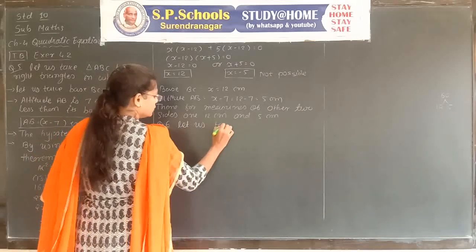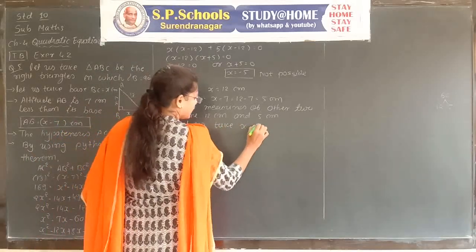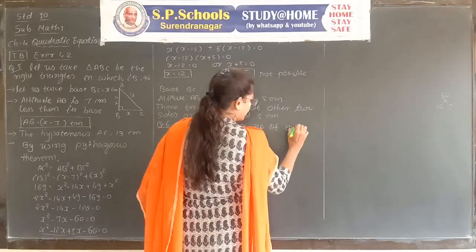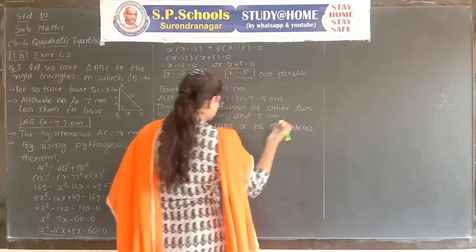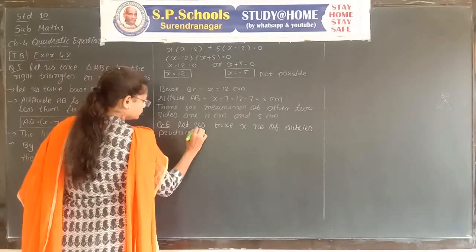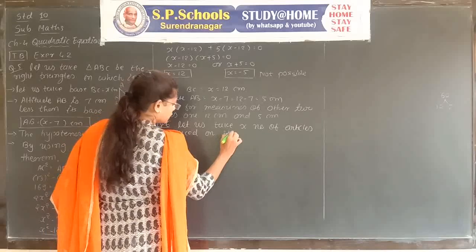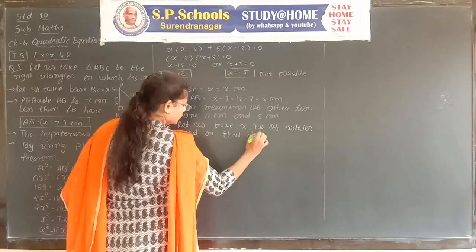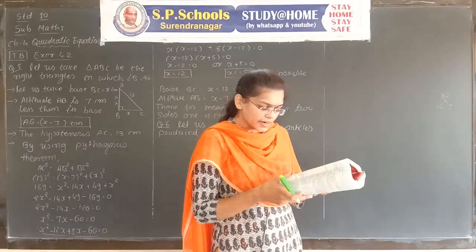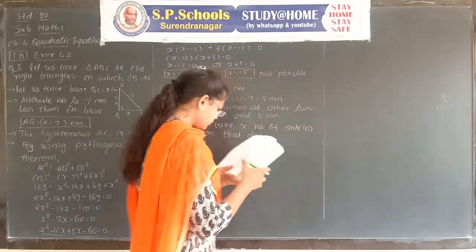Let us take x number of articles produced on that day. Now to find the cost of each article, the condition is given.